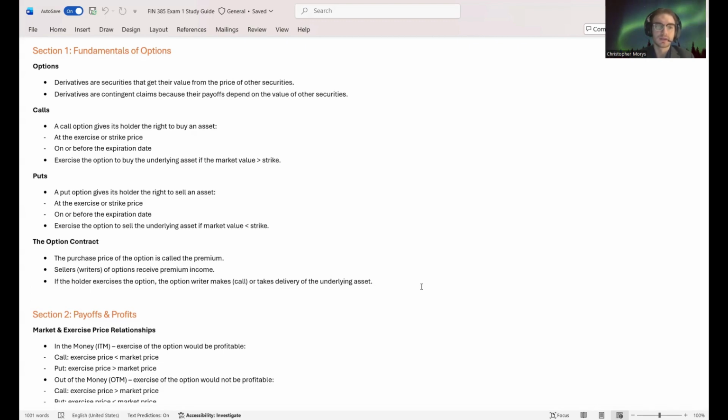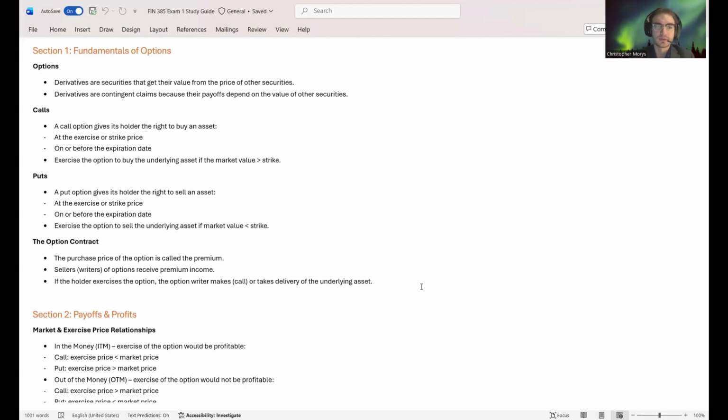This can be at the exercise or strike price or before the expiration date, whichever you choose or whichever is more profitable. So the key idea here is to exercise the call option to buy the underlying asset if the market value is higher than the strike price.